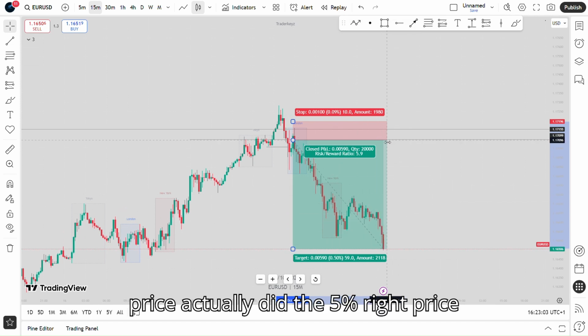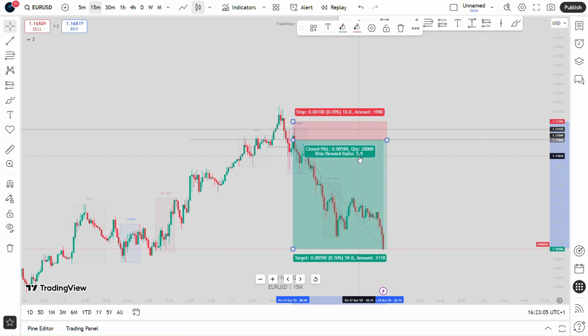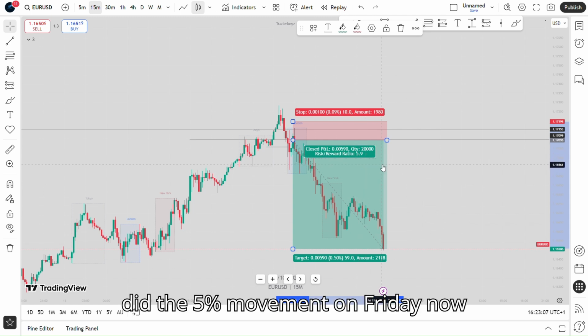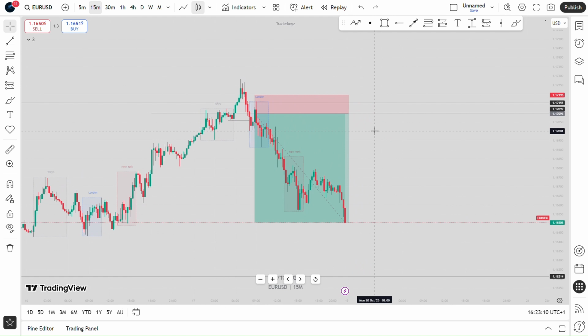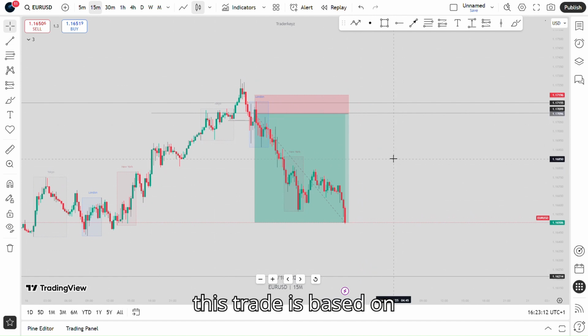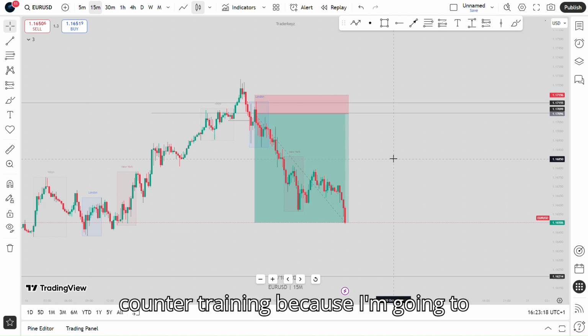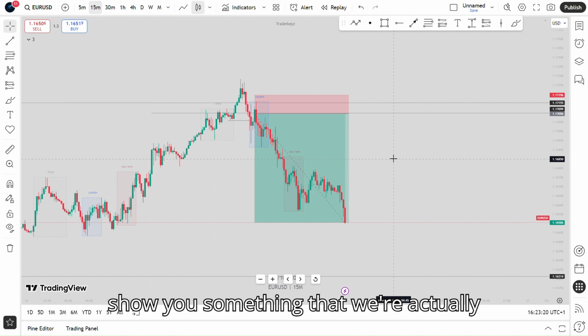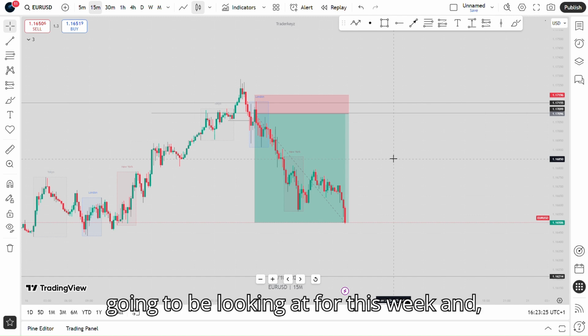Price actually did 5%, right? Price did a 5% movement on Friday. Now this trade is based on precision, right? It's based on counter trading, because I'm going to show you something that we're going to be looking at for this week.